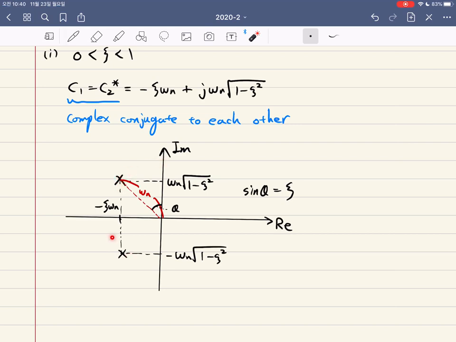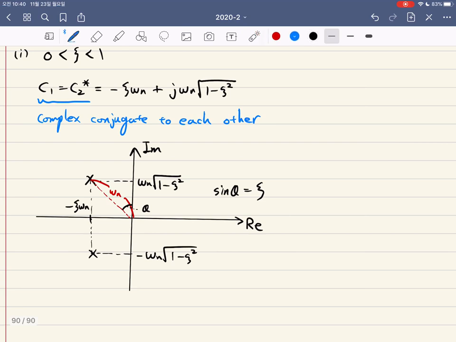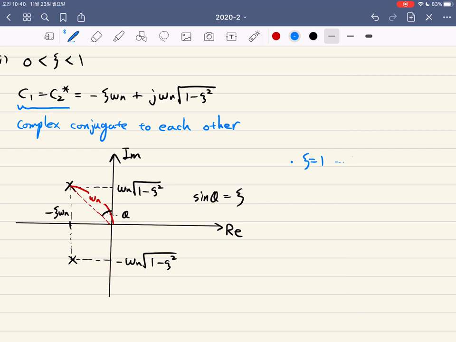And these two poles will be on the real axis when zeta is 1. Right?